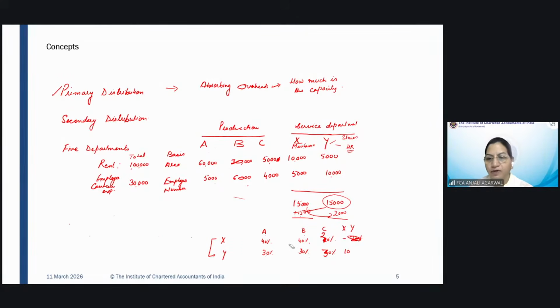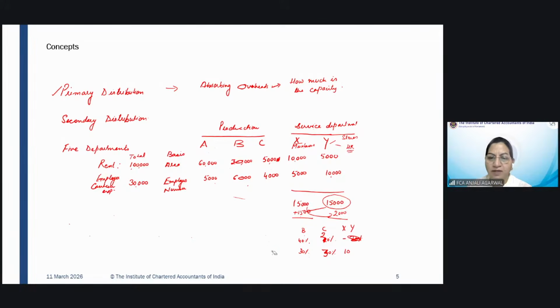Because first we will distribute Y because Y's benefit is going to X also, whereas X benefit is going to only ABC. So you have to create steps. So first step, Y has to be distributed because it is to be distributed amongst A, B, C, and X. And then X will be distributed because it is to be distributed amongst A, B, and C. Right? So this is a step method.